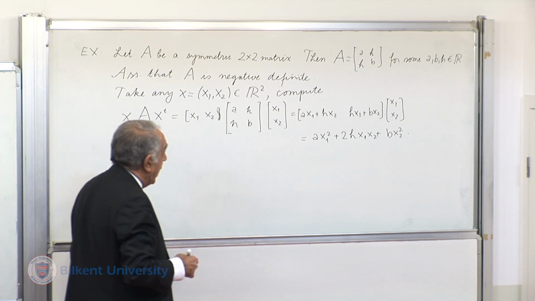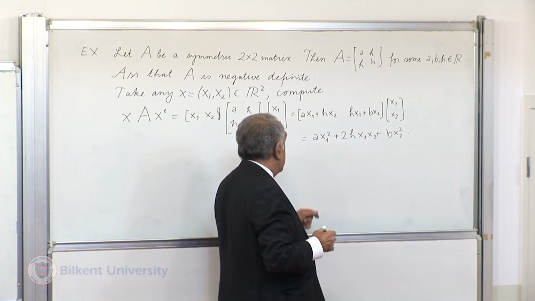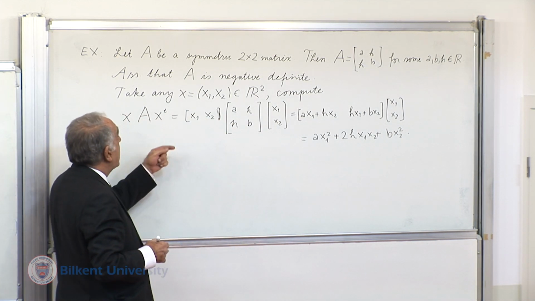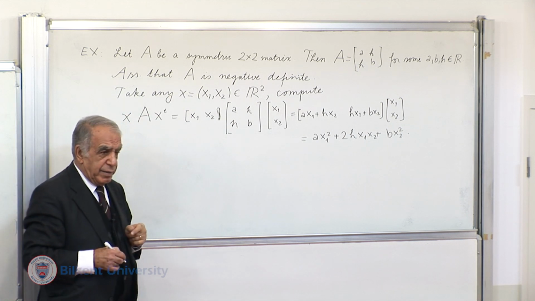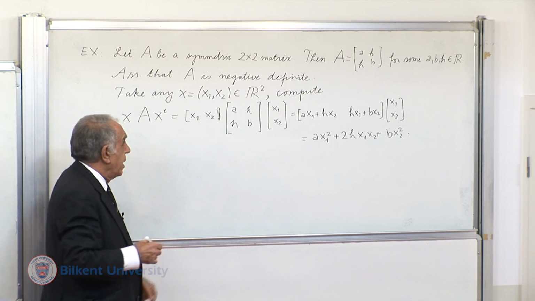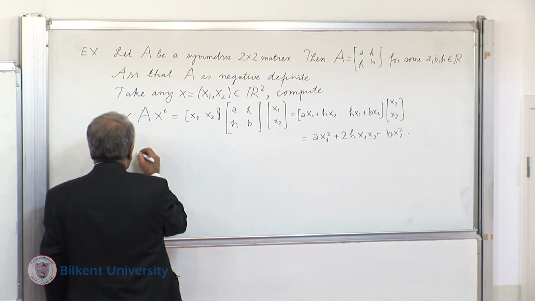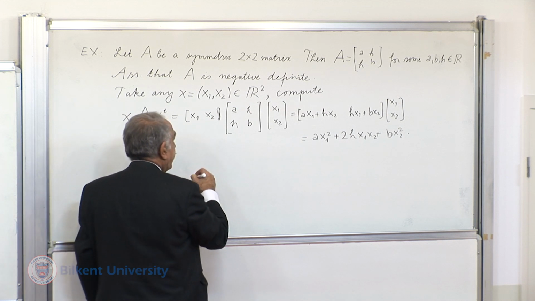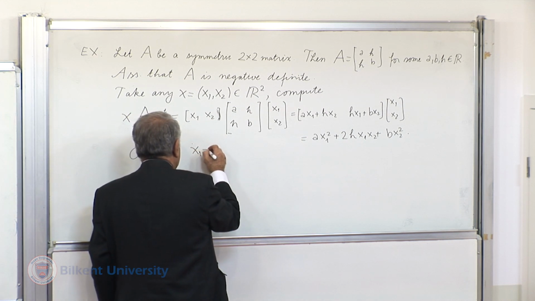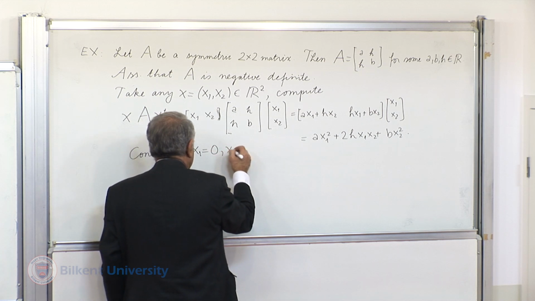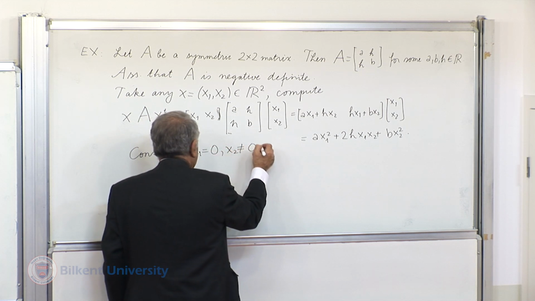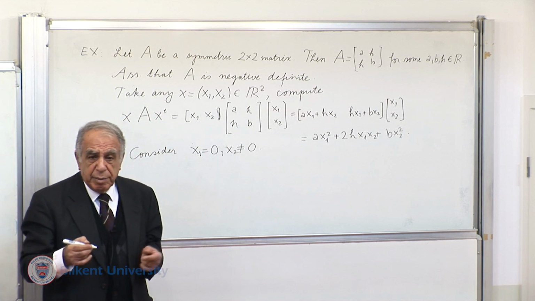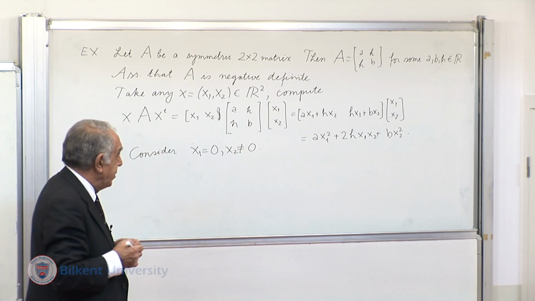Let us try to get some information about the entries of the matrix using the assumption that this is negative definite. Now, consider x1 equal to 0, x2 different than 0. Well, then the vector (x1, x2) will be different than the 0 vector.